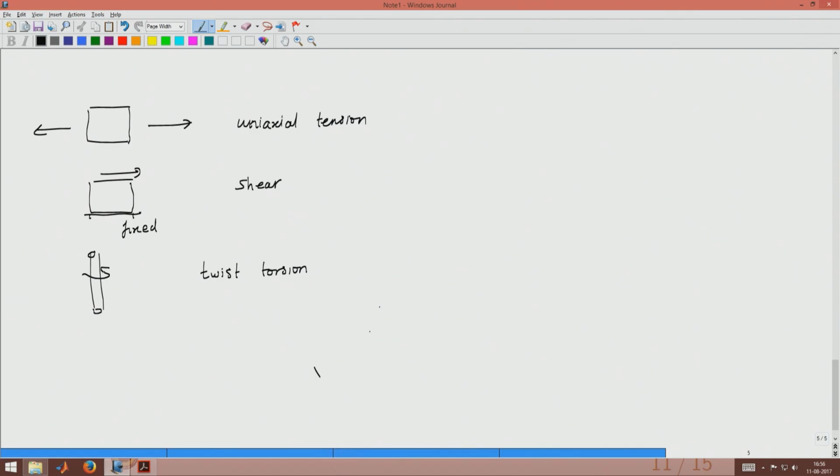These are all different ways in which we apply forces on the material and then the material deforms. As a result of extension, the material may become like this. So, this is the deformed solid.